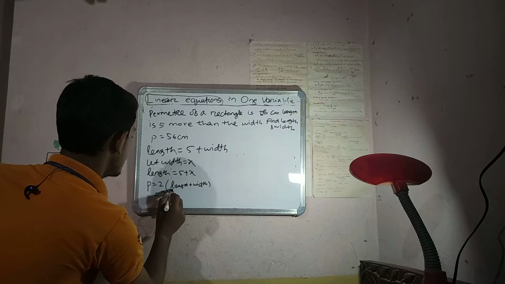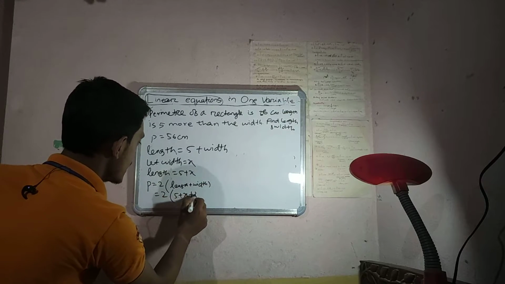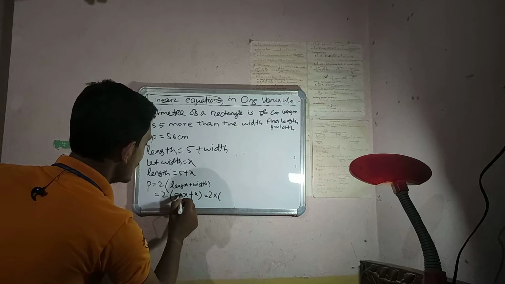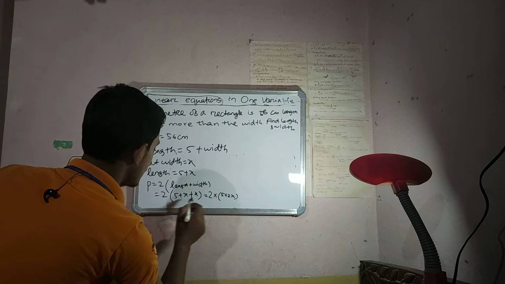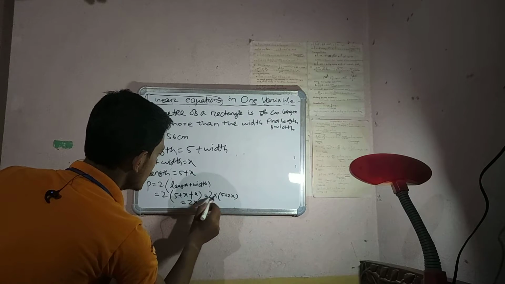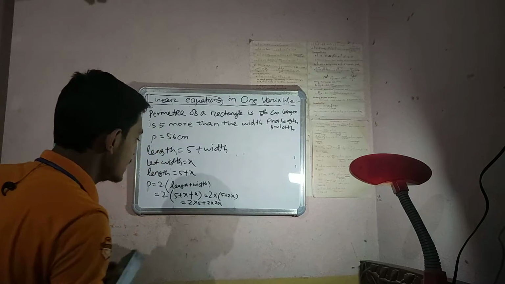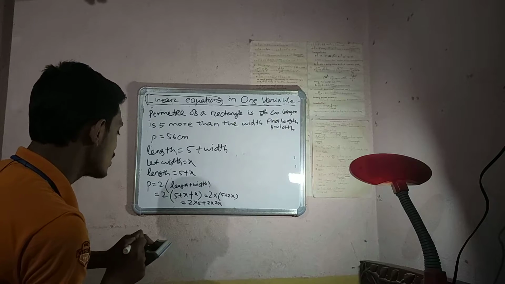That is 2 multiplied with length 5 plus x, plus width x. That is 2 multiplied with 5 plus x plus x, that is 5 plus 2x. That is 2 multiplied with 5 and 2 multiplied with 2x. That is the distributive property of multiplication over addition.